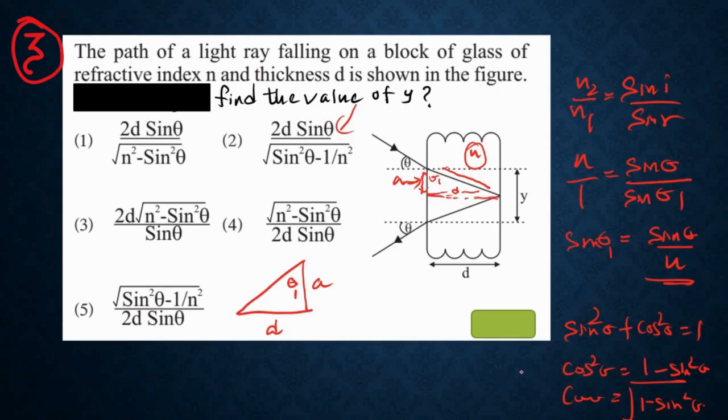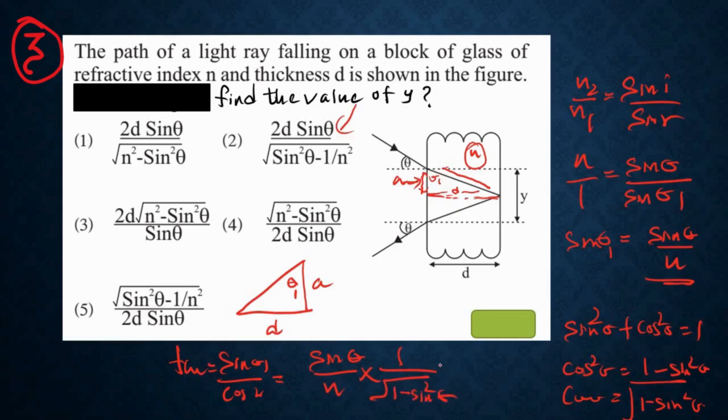So how do you find tan theta? Tan theta 1 equals sine theta 1 divided by cos theta 1. Sine theta 1 I have found earlier: sine theta over n, and cos theta 1 is root 1 minus sine squared theta 1.